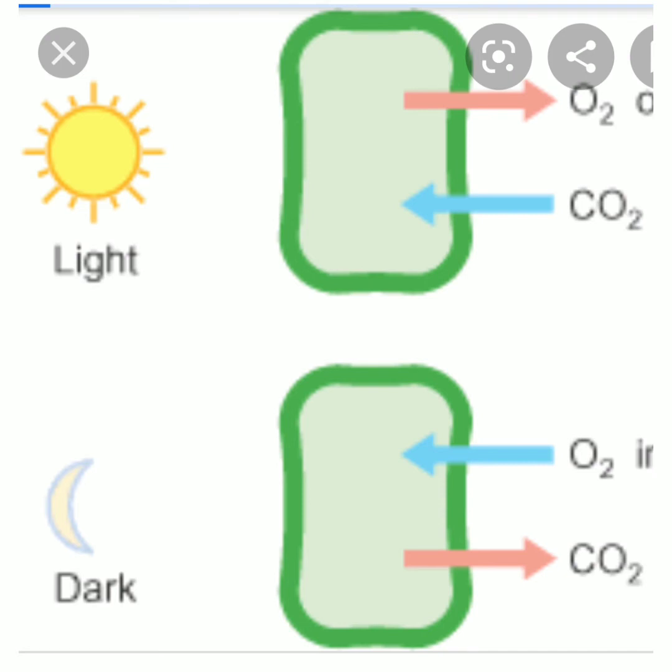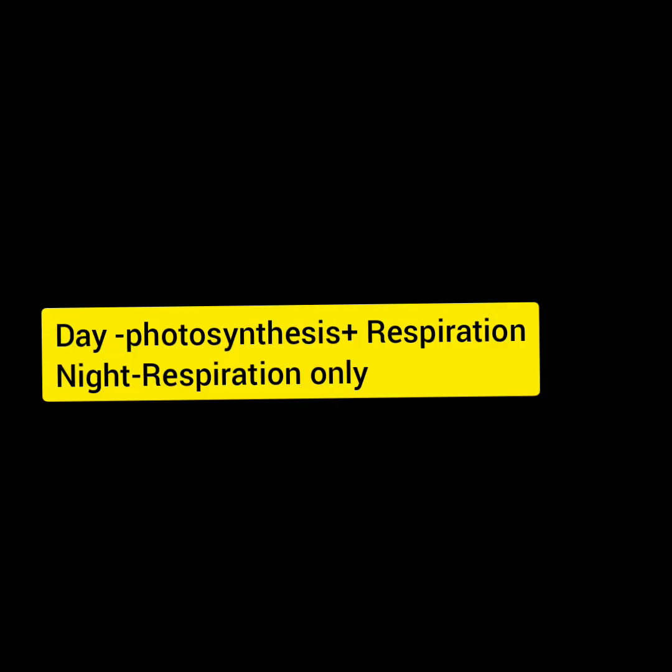Photosynthesis absorbs carbon dioxide and releases oxygen, whereas in respiration plants also absorb oxygen and release carbon dioxide to the atmosphere, like us. Okay. Let's write these points in short. During daytime, photosynthesis plus respiration is taking place, whereas at night, only respiration is taking place.